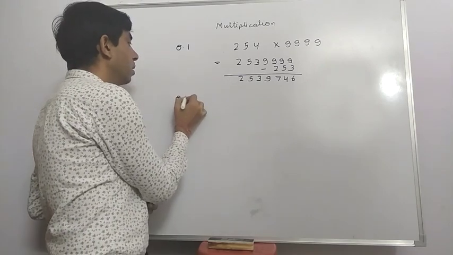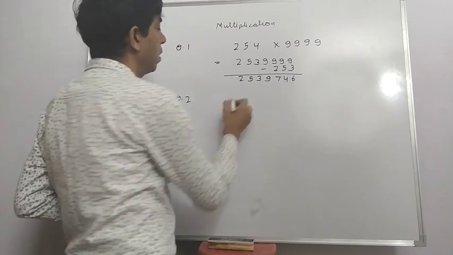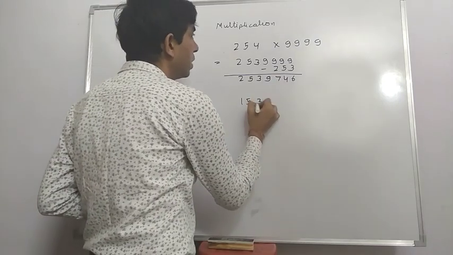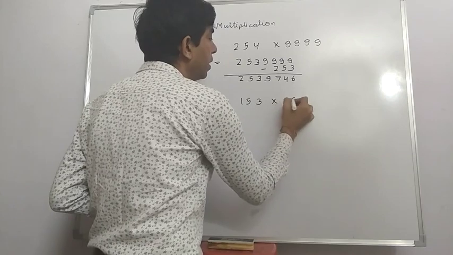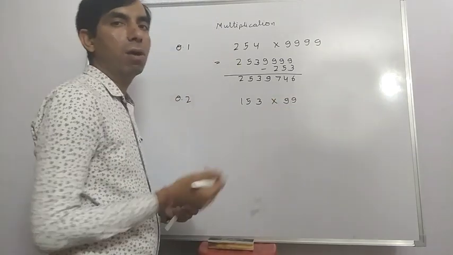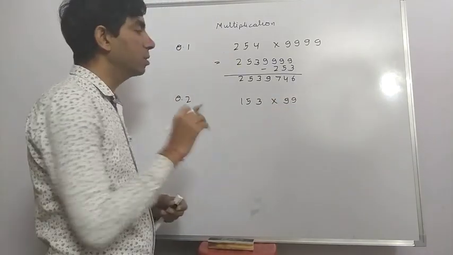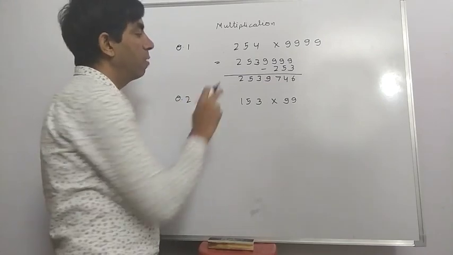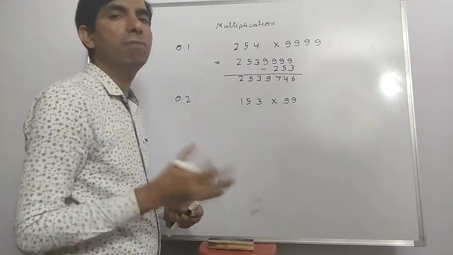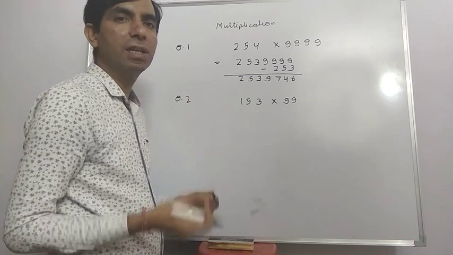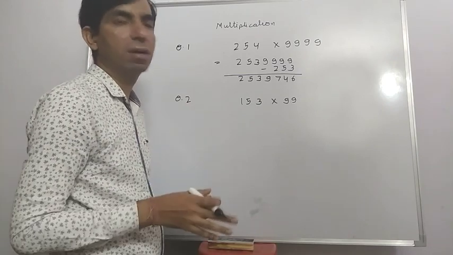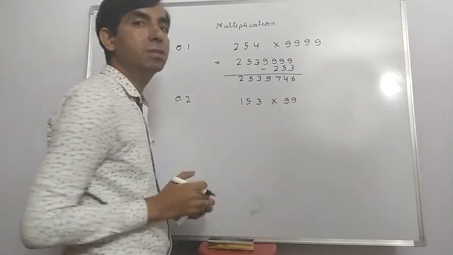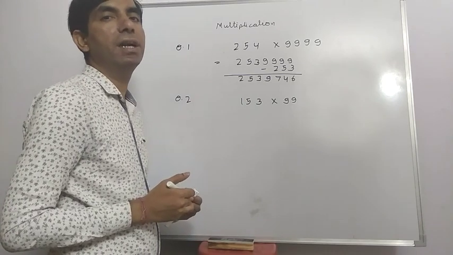Again, if you want to multiply 153 multiply 99, it is also similar. In this, the first number can be anything, it has no rules. What is the condition, what is necessary, nothing. But the second number must be made by only 9 digits.